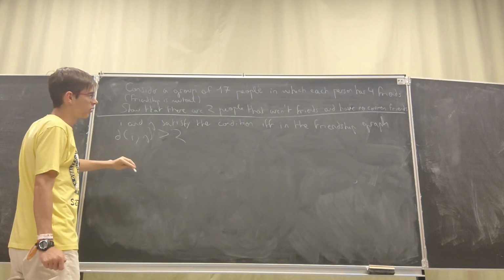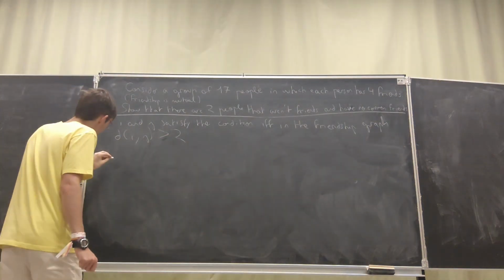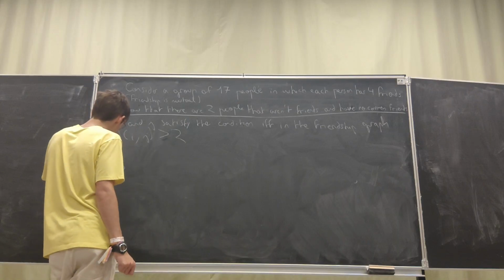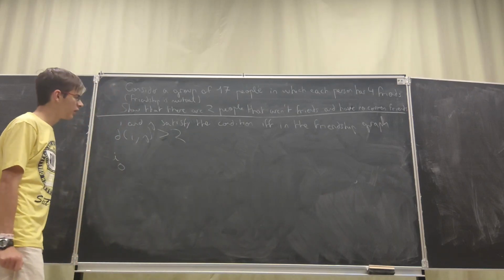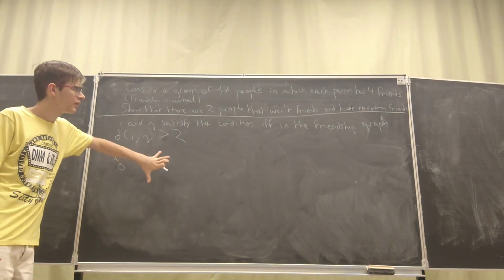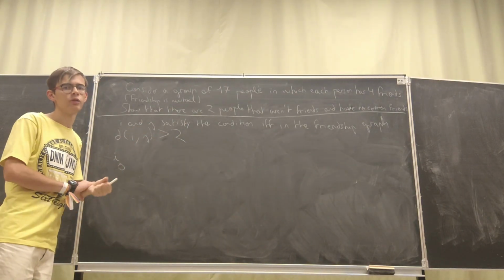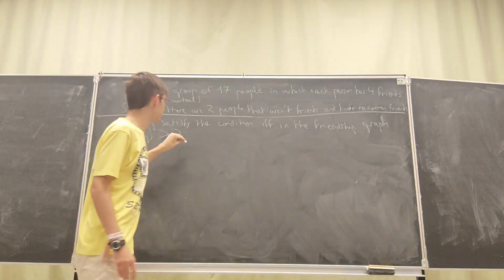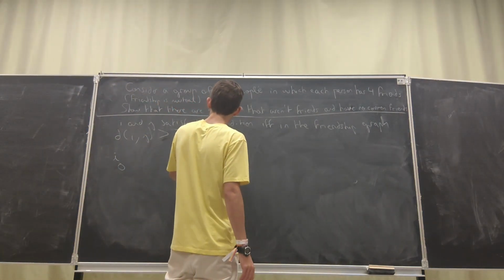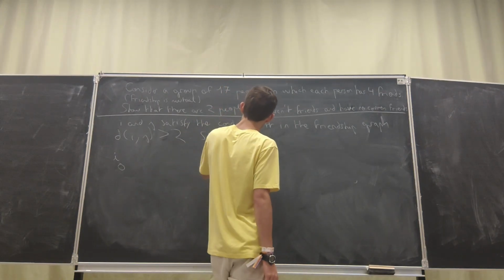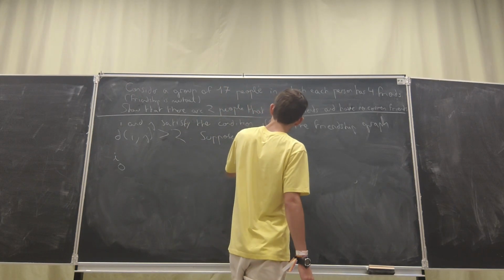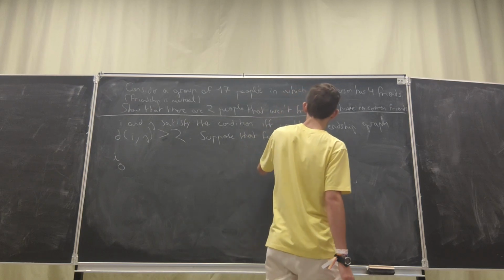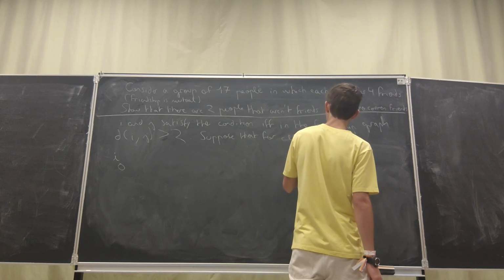And so, let's just now take a look at a specific person. So let's say person number i, and try to see what the friendship graph might look like when you suppose that for all i, j, the distance between them is at most 2.